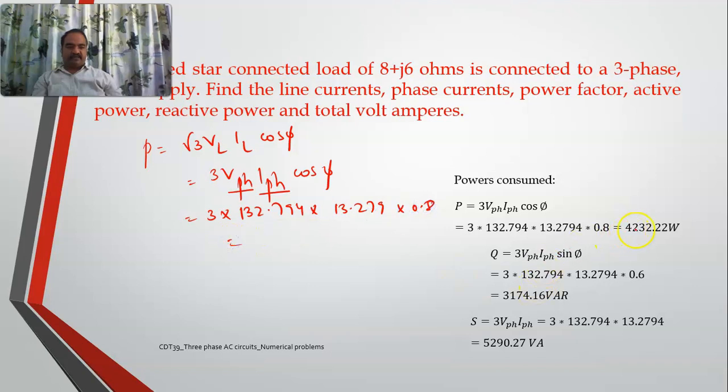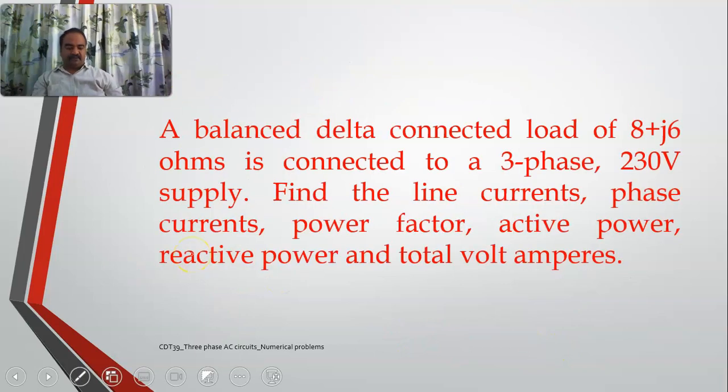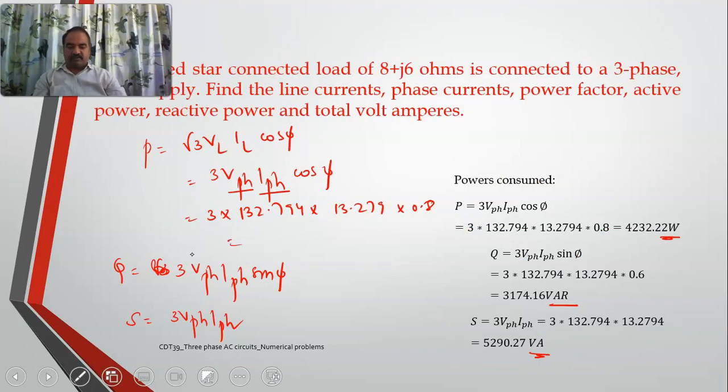Whatever value I get, that is in watts. Similarly for Q, what should I do? 3 V phase I phase sin phi. What I will get is in VAR. Similarly for S, 3 VPH IPH, and the unit is VA, right. So this is the way we solve the problems.